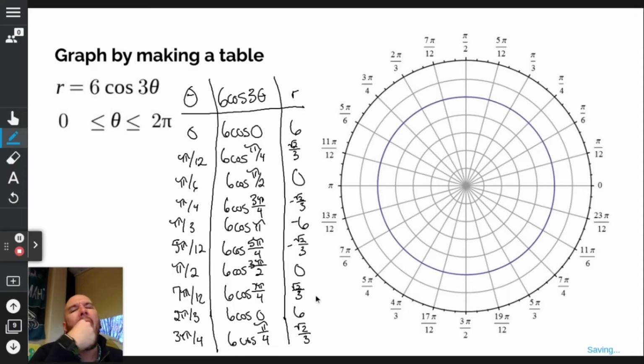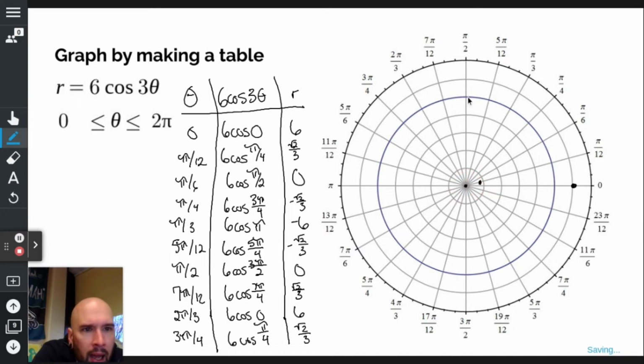All right. So 6, 0, 6: 1, 2, 3, 4, 5, 6. 3 root 2 is really small, like point something, like right here. Then 0.